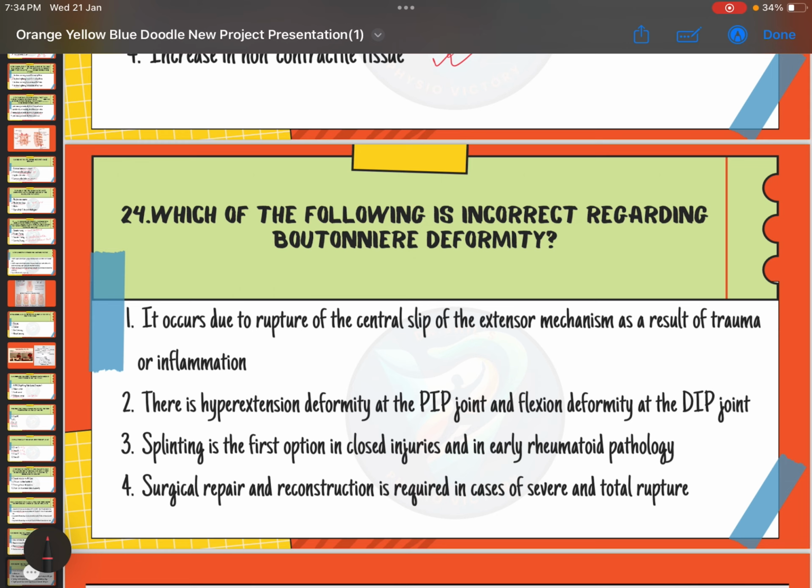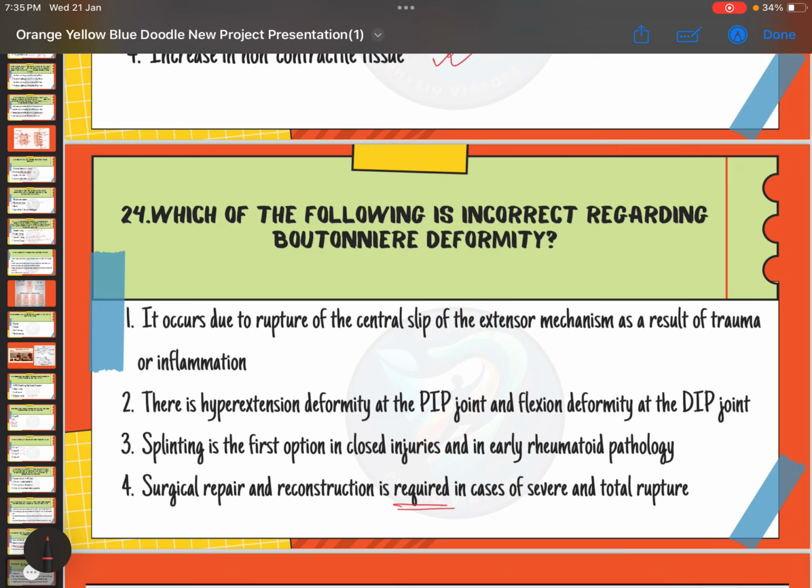Option 3. Splinting is the first option in closed injuries and in early rheumatoid pathology. Option 4. Surgical repair and reconstruction is required in cases of severe and total rupture.